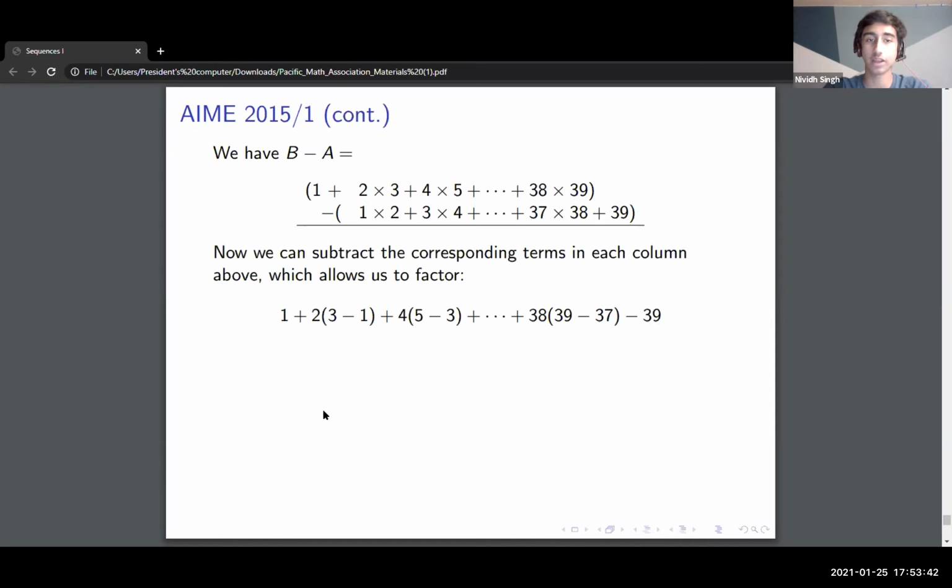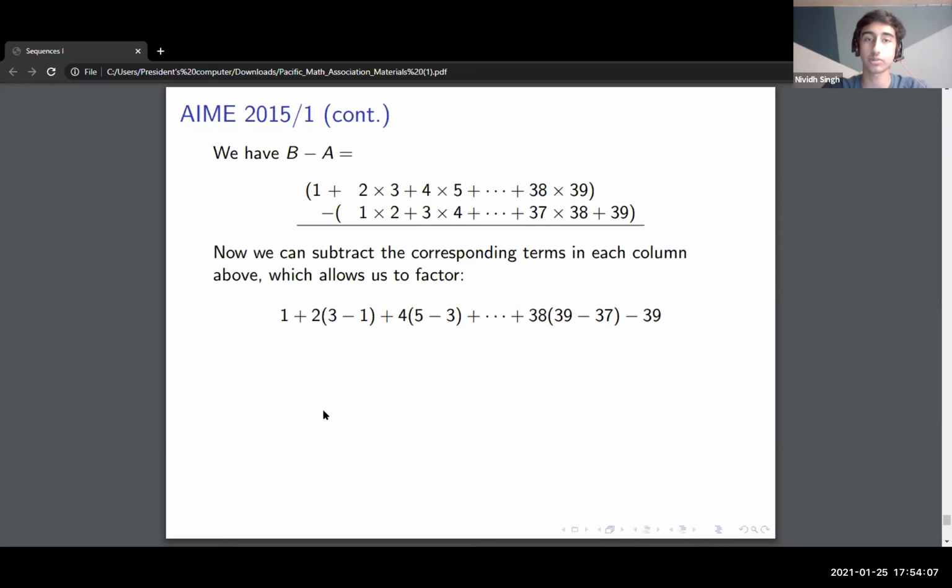Now if we go column by column, each column gives us this equation on the bottom. You see that we have 2 times 3 minus 1.